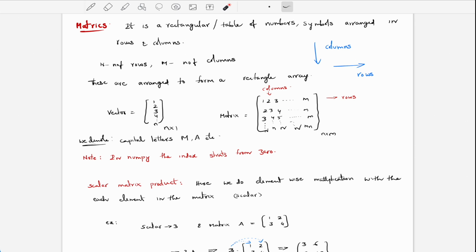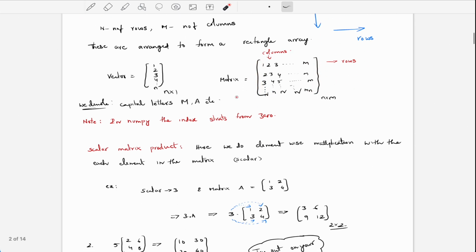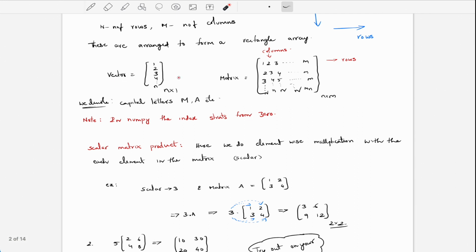There is a difference between a vector and a matrix. The vector has n into 1, only one column. The vector has only one column, but the matrix has n number of rows and m number of columns.